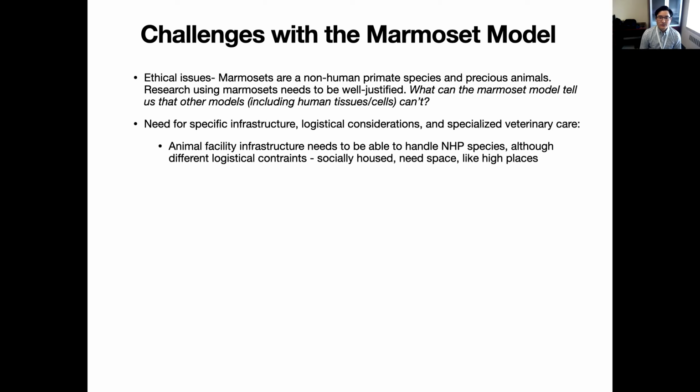There are also some logistical constraints with respect to how they're housed. Generally, they're housed in family units, with a mother and a father and up to two generations of offspring. As you can imagine, marmosets need a lot of space, they're in large enclosures, and they love to live in high places. You need to have enclosures that can accommodate some of their more natural behaviors.